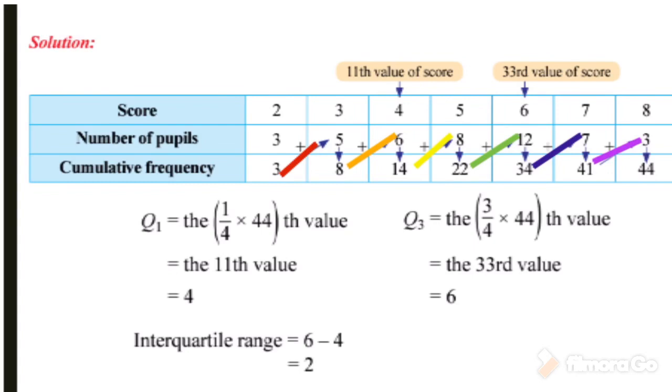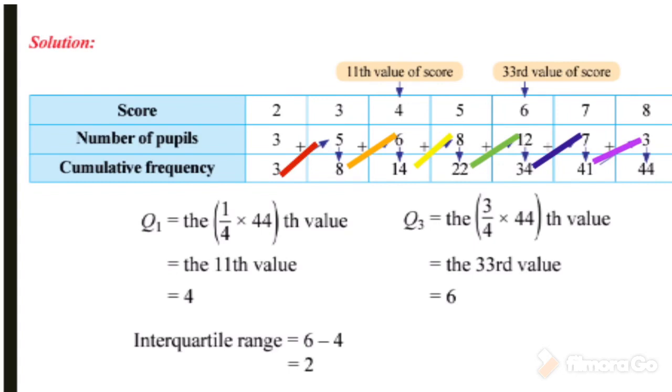For the first quartile, you must take 1 over 4 of the total number of pupils. So 1 over 4 times 44 is the 11th, meaning yang ke-11 in Bahasa Malaysia. In Mandarin, we say 第11个. So you look at the table. The first until the third students have score 2.